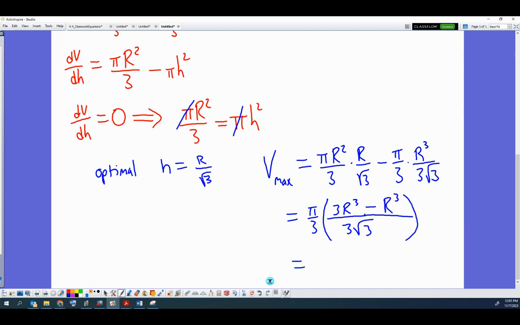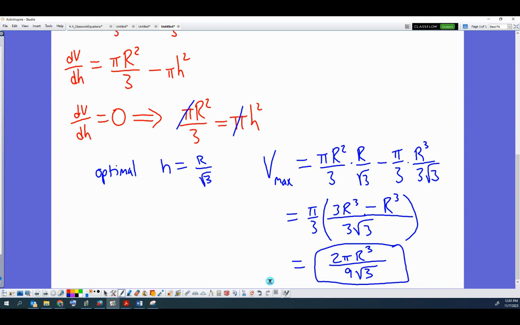And so that simplifies to 2R cubed on top there. So it's 2 pi R cubed, if I put it together with the stuff out front, over 3 times 3 square roots of 3, which is 9 square roots of 3. I believe that's good. I don't think I did anything wrong there. So there's my max volume.